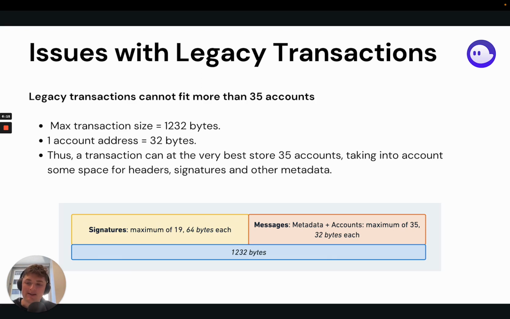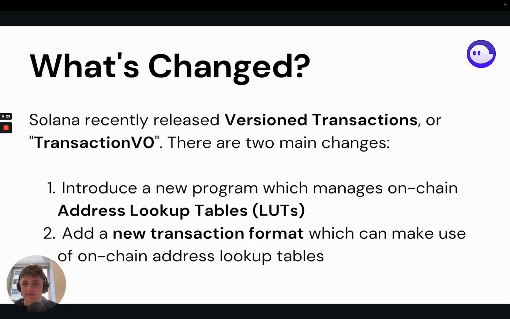How do we fix this? How do we add the ability to reference all kinds of accounts together, so we can create really rich experiences on Solana? What the Solana developers have done is introduce transaction v0 and address lookup tables. There are two main changes that have come with this.